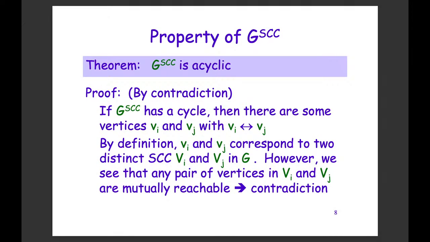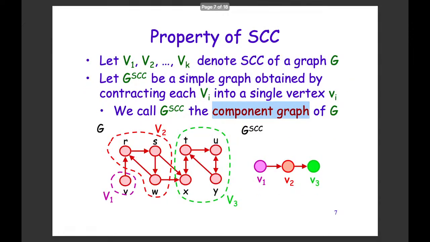There is a theorem: this component graph does not have any directed cycles. So it is acyclic; there is no cycle here. Because if there is a cycle, what does that mean? Let's say there is also an edge joining V3 to V1. That means any vertex in V1 can reach any vertex in V3 through this edge, and they are strongly connected within each component.